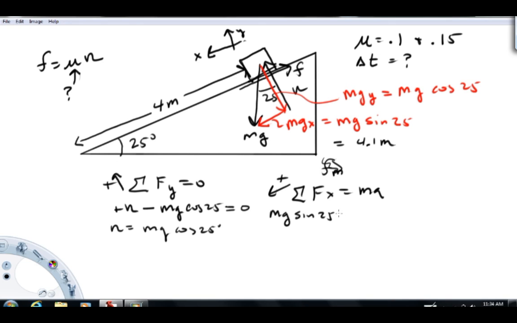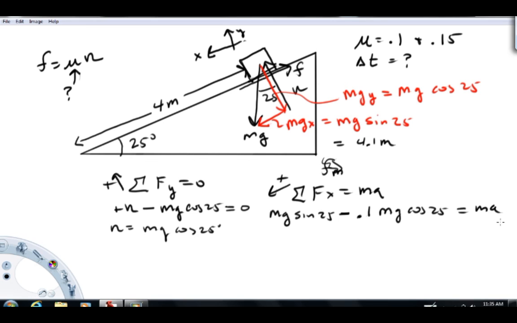Minus the frictional force. The frictional force can be written as the coefficient of friction times the normal, which I know to be mg cosine 25. So this is minus F, where the frictional force is equal to 0.1 times the normal. Looking at the free body, we've got mg sine 25 minus F equals ma.